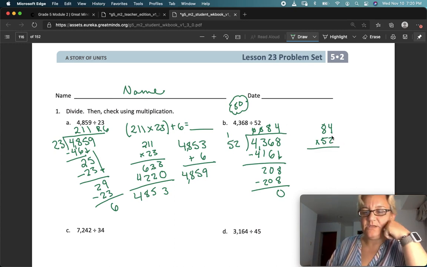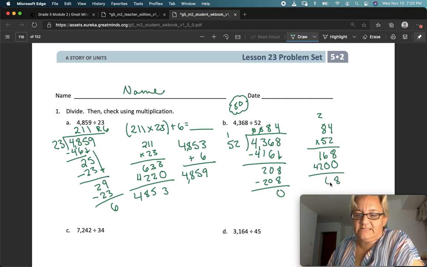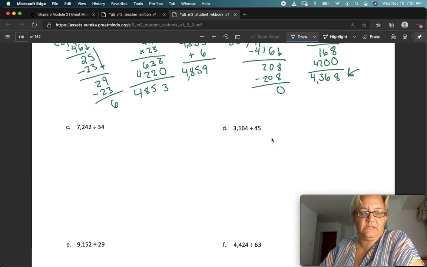Let's try it. 2 times 4 is 8. 2 times 8 is 16. Okay, drop the 1. 5 times 4 is 20. Carry the 2. 5 times 8 is 40, plus 2 is 42. And I have 8, 6, 3, 4. There it is. Works out.